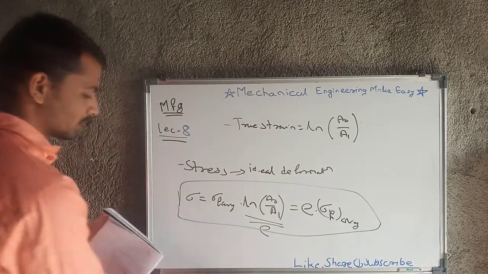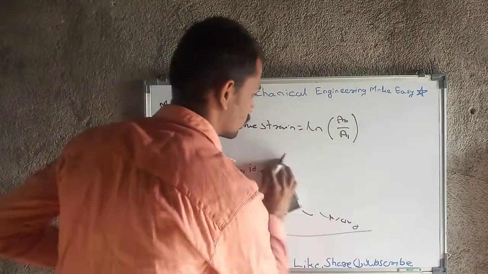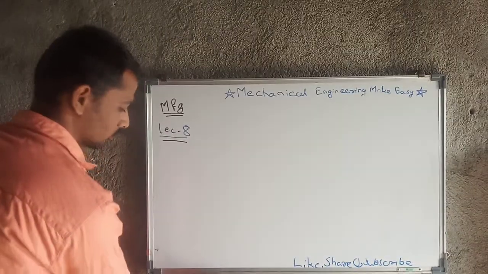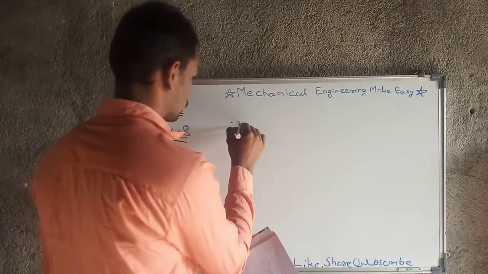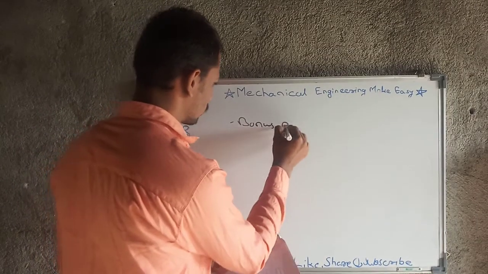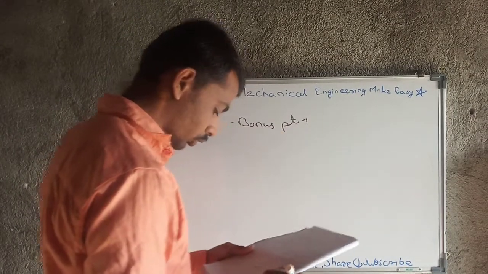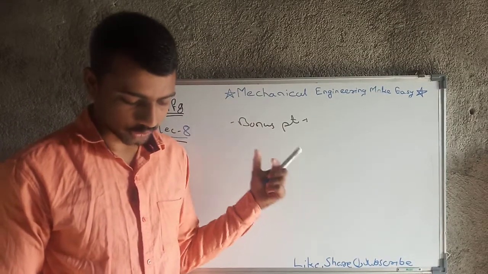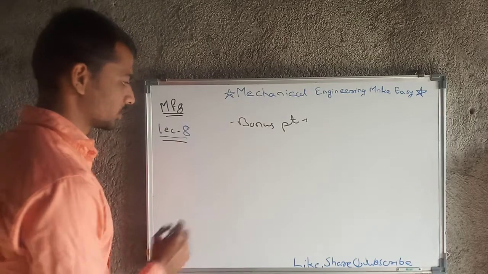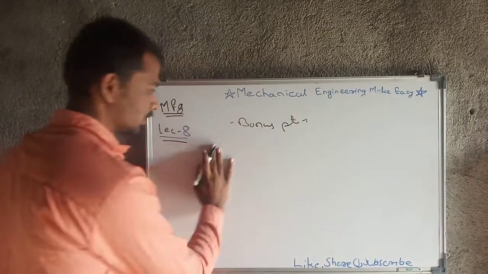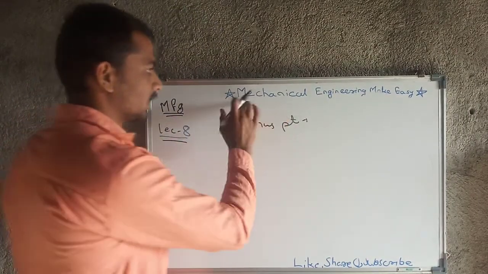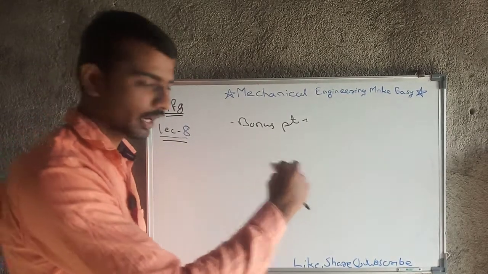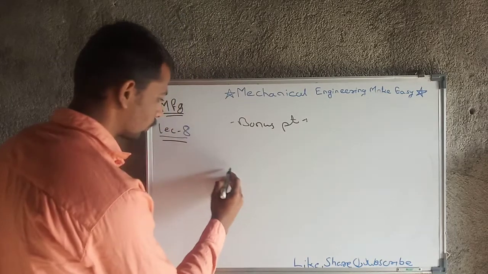Then today's lecture's bonus point, which is tube drawing. There is one process which is tube drawing. In our wire drawing process, we have a solid wire at the outlet, but for tube drawing what will be the case?